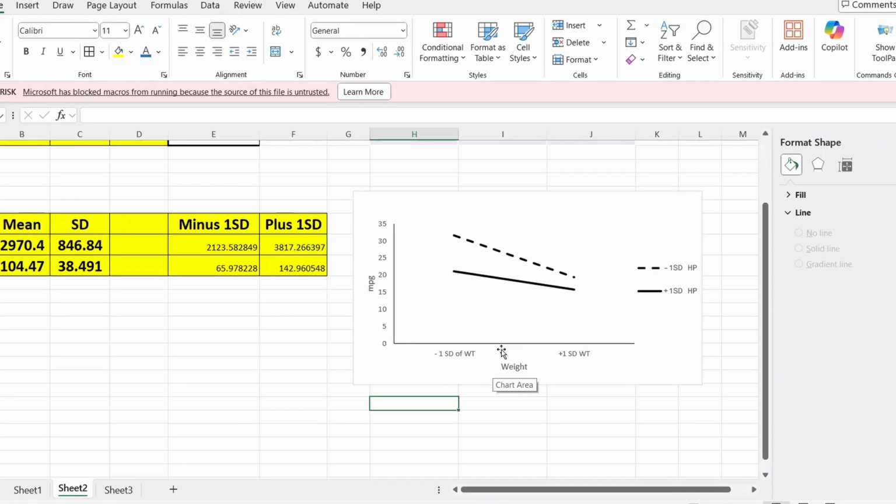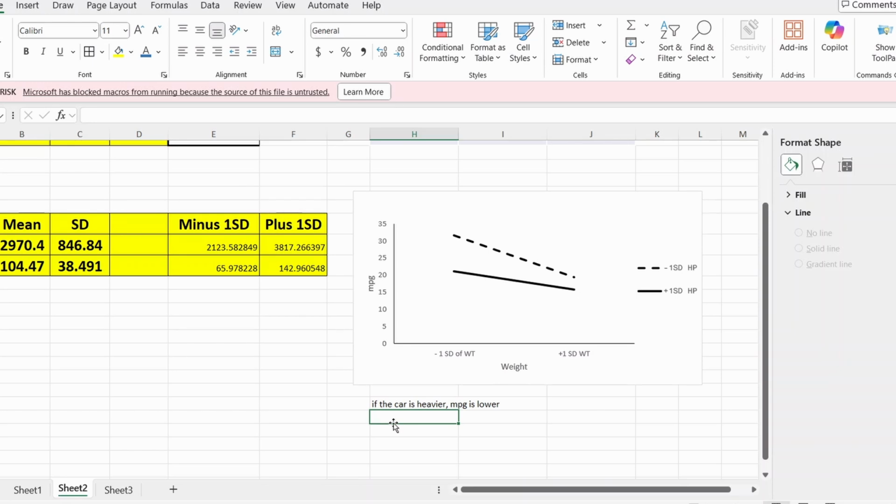So again, the first observation is that if the car is heavier, my MPG is lower. So this is one main effect, the effect of the weight on the MPG.